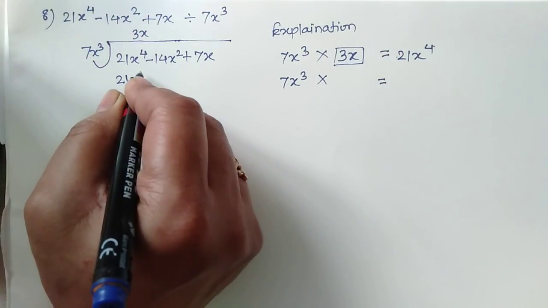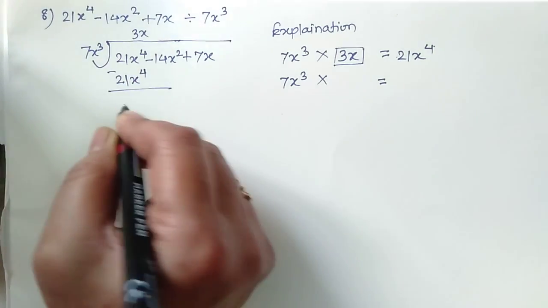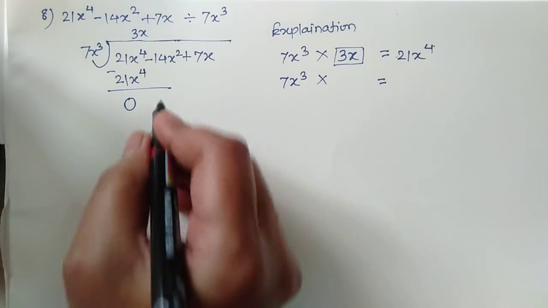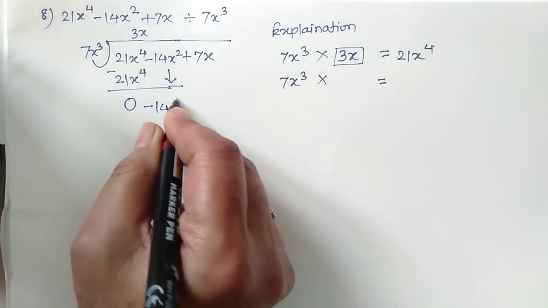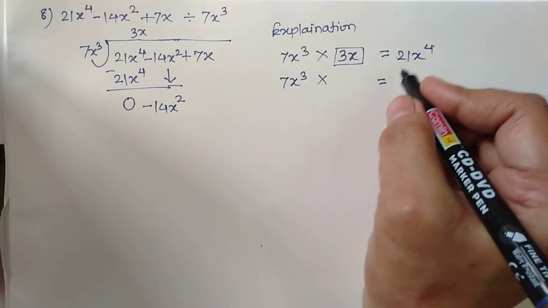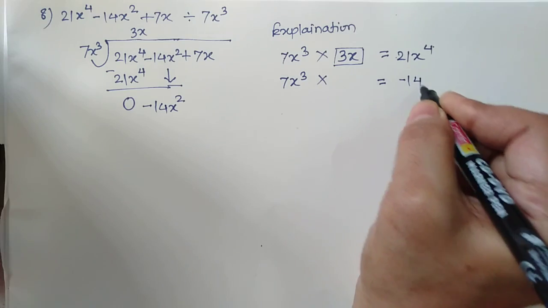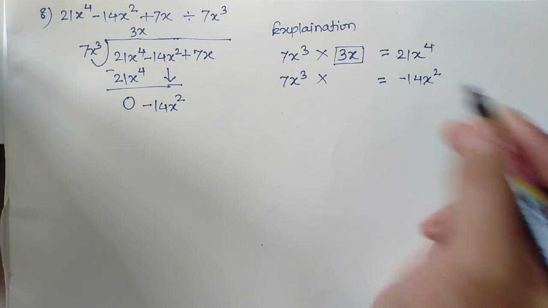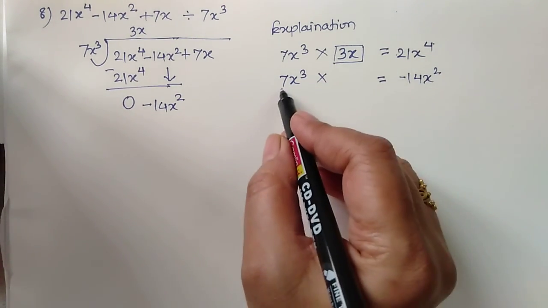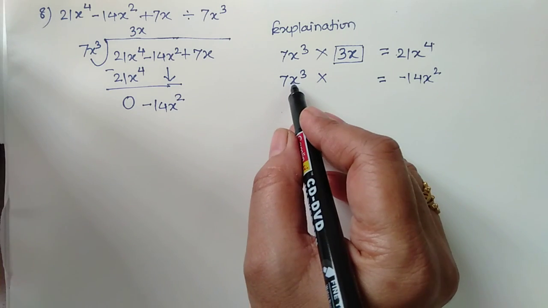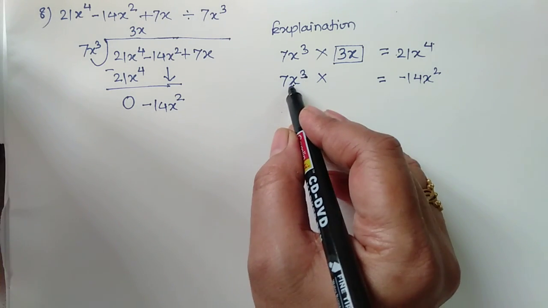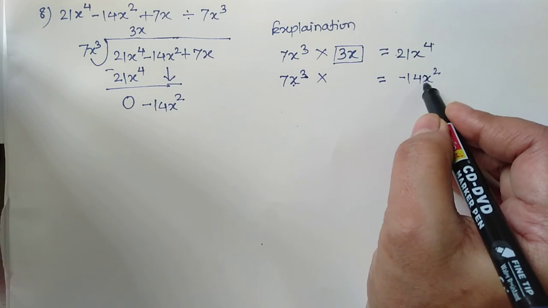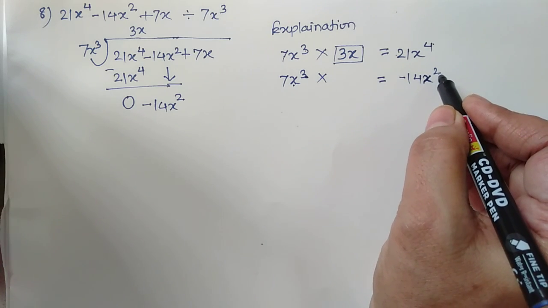Then we get the 21x raised to 4. Take the subtraction. Answer is 0. So the next term is minus 14x square. 7 2s are 14. But see here, the index of divisor is 3 and the index of dividend is 2.